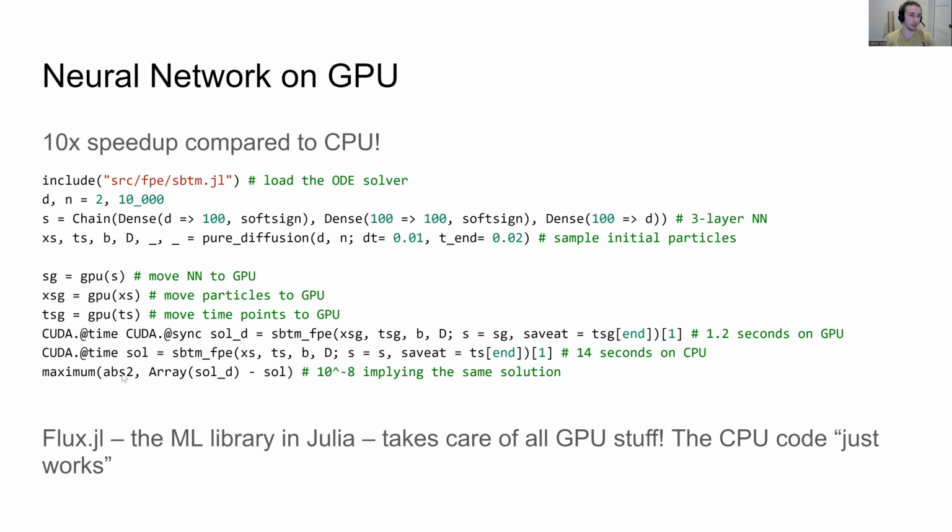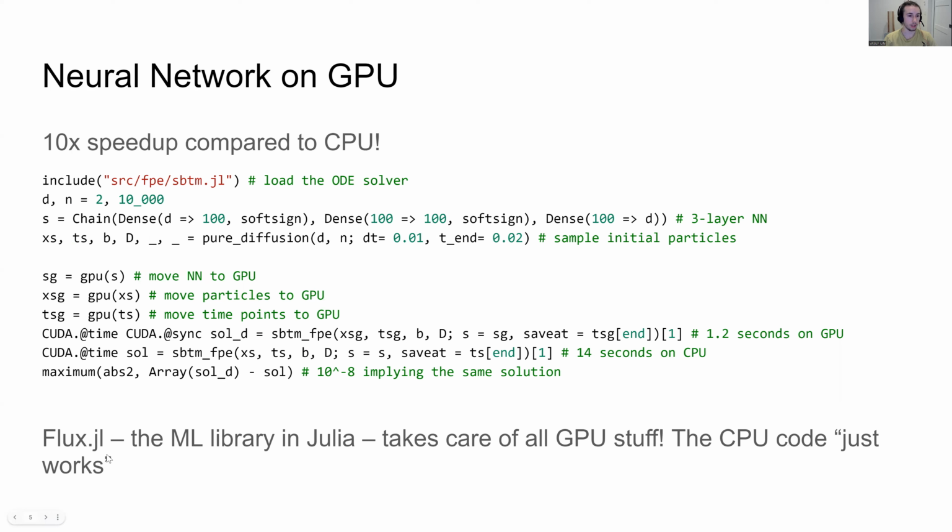Also, as a sanity check, this computes the maximum of the square of the absolute value between these two solutions, the GPU solution and the CPU solution. And this is a very small number, implying that it's essentially the same, so everything is correct. The implementation is correct. Again, I'm not showing the implementation here on the slides.